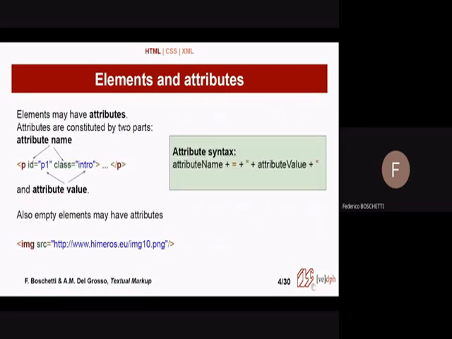Elements may have attributes. Attributes are constituted by two parts, an attribute name and an attribute value. And also the empty elements may have attributes, as you can see in this example.